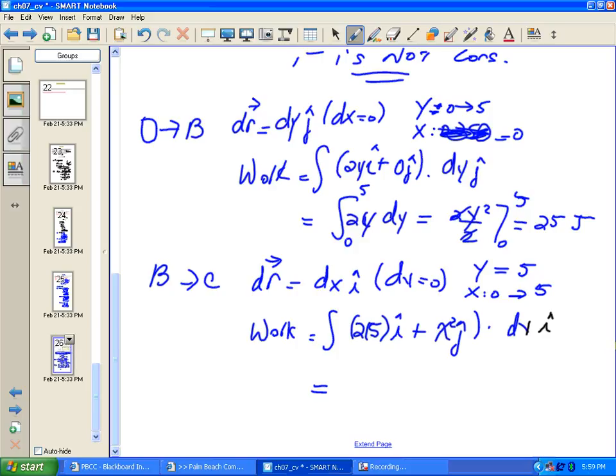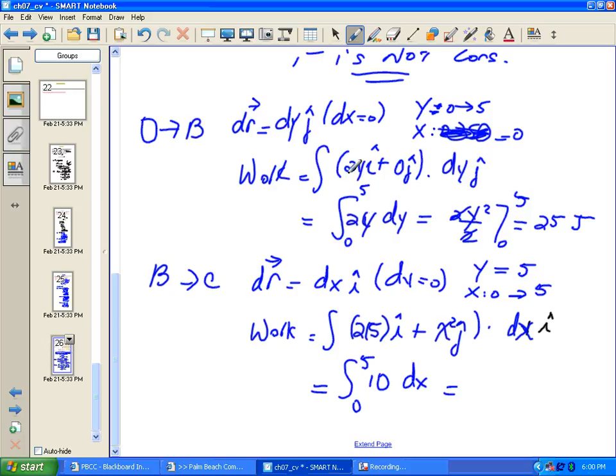We have no variation in y, so we have dx i hat here, so our j hat term is not going to yield us any value, so we've got 10 times dx as x goes from 0 to 5, and this gives us, let's make sure we did this right, 2y plus x squared.